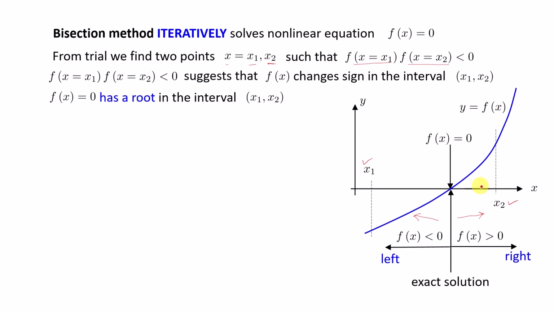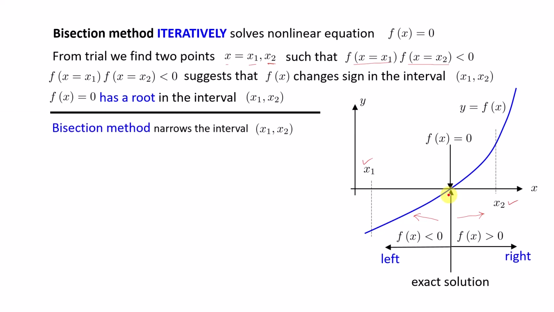Now the question is how we can close this gap between x1 and x2 and reach this root. So we employ a very simple method, and the method of narrowing the interval of x1, x2 is as follows.